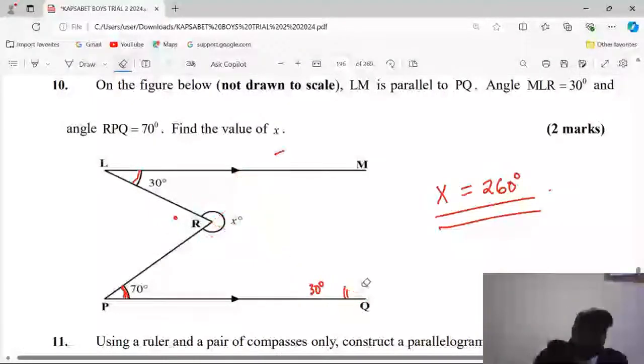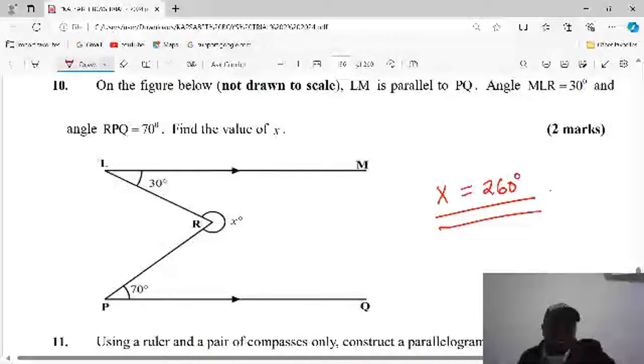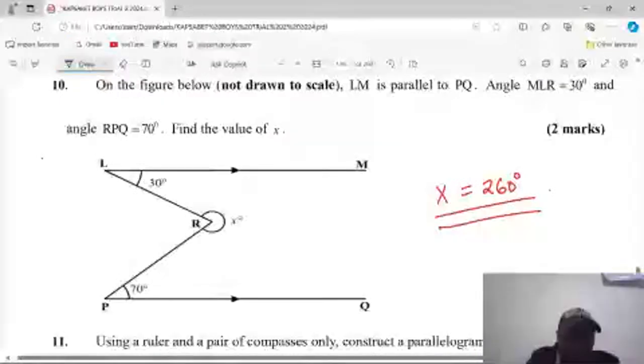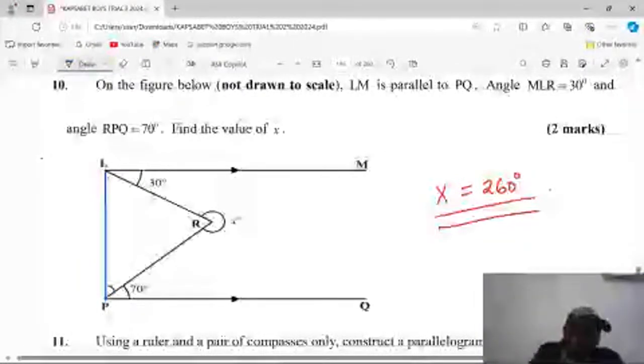Okay, there can be an alternative to that, but that is one of the approaches which a student can follow. Let me show you another alternative which a student can follow. Yeah, if we drop a line L to P, from L to P, now that we got 70 here, and remember being parallel, that one should be a 90.